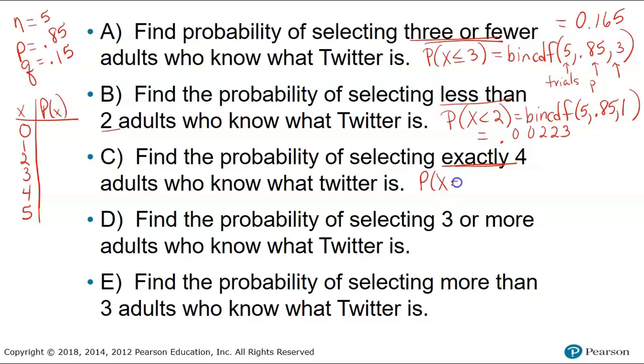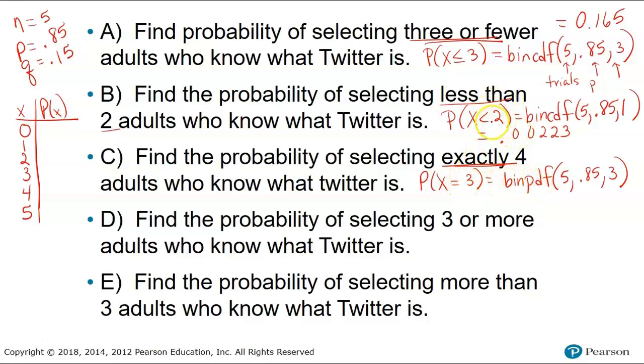Exactly indicates an equals problem. So if you remember for these, we're going to do the binomial PDF. So PDF is for the equals, CDF is for all the other inequalities. So we'll do 5.85 and 3. So whatever this is, the PDF just gives us the probability for that one value.